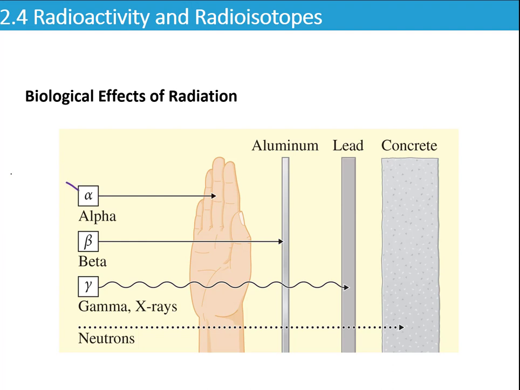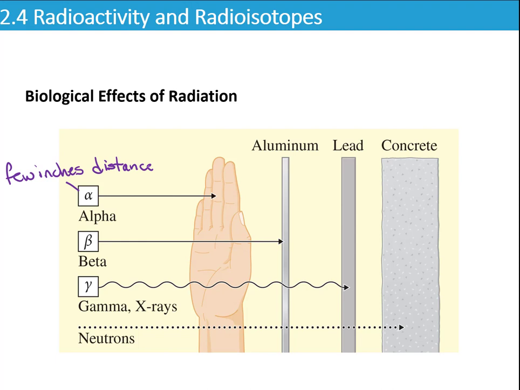Alpha decay usually just goes a few inches from its source. So if you had a sample which is undergoing alpha decay, you may need to have some shielding within 2 to 3 inches of where that sample is. So it's only going to go a couple inches in terms of distance.